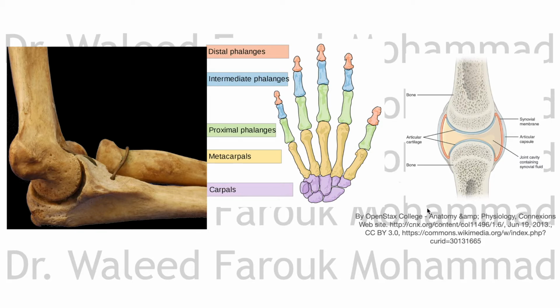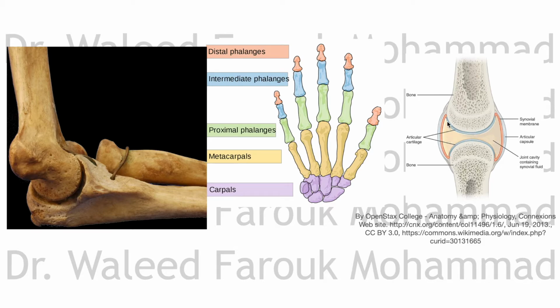And this is a diagram of how the synovial joint is composed or articulated. These are the two articular surfaces covered by a piece of hyaline cartilage. In the case of the knee, there will be an extra piece of fibrocartilage, which is the meniscus.